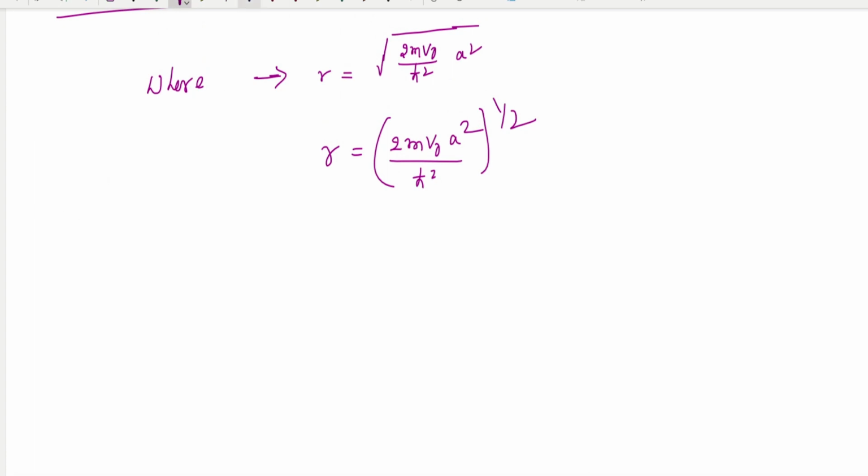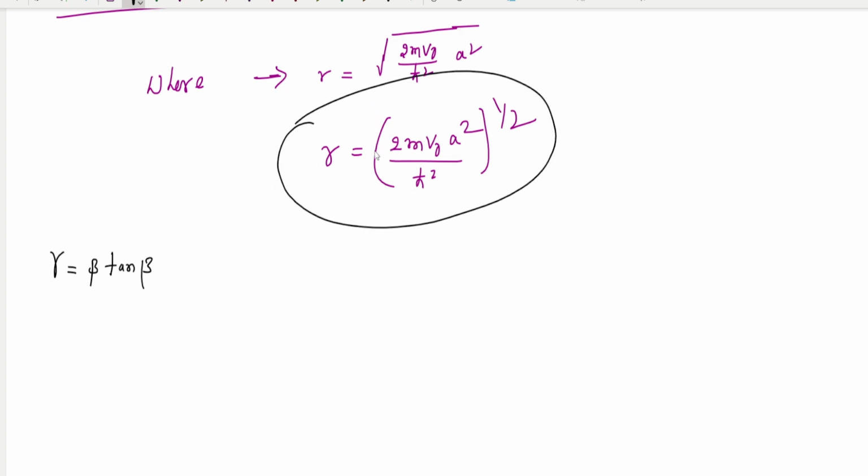So we want to draw the graph of beta tan beta against this beta, along with the circle of radius r, for different values of V naught a square.